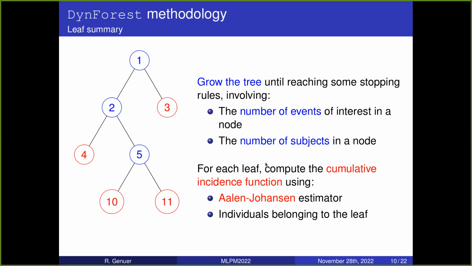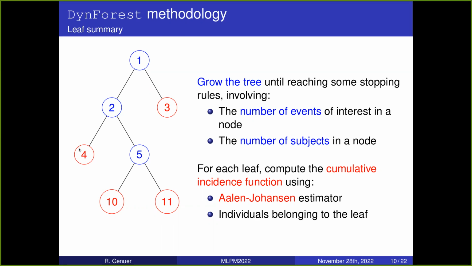And then the final ingredient, now that we have our tree, is to summarize the information about individuals on a given leaf. So here we use the cumulative incidence function estimated by the Aalen-Johansen estimator, only on individuals that belong to the leaf of interest.